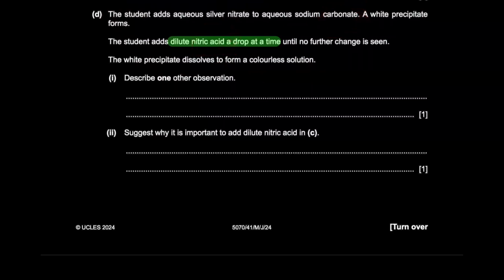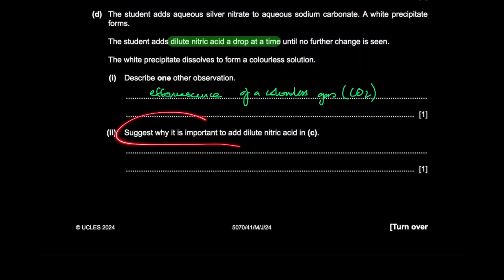Okay, you can also say bubbles or fizzing. So effervescence of a colorless gas, right? And write that in bracket, the gas is carbon dioxide, right? Carbonate reacts with acid to form carbon dioxide.